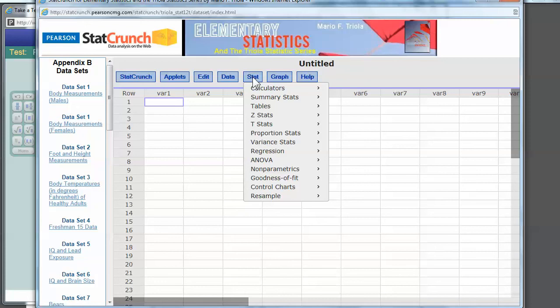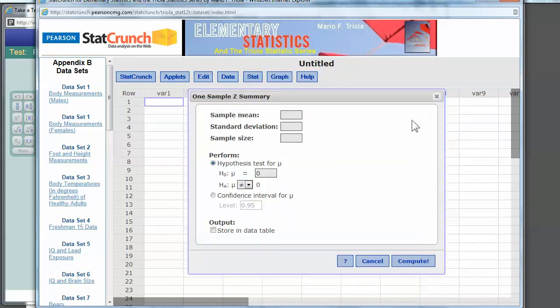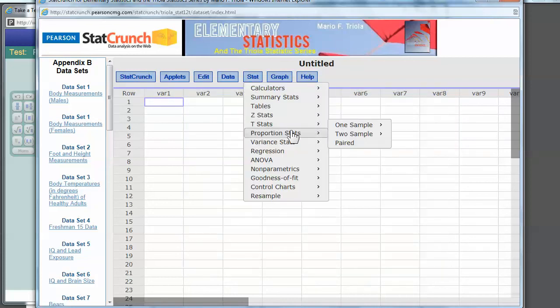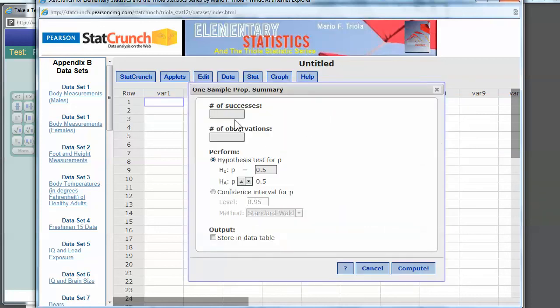Okay, so I would go Stat, Proportion statistics, 1 sample, with summary. My number of successes, I still don't have.